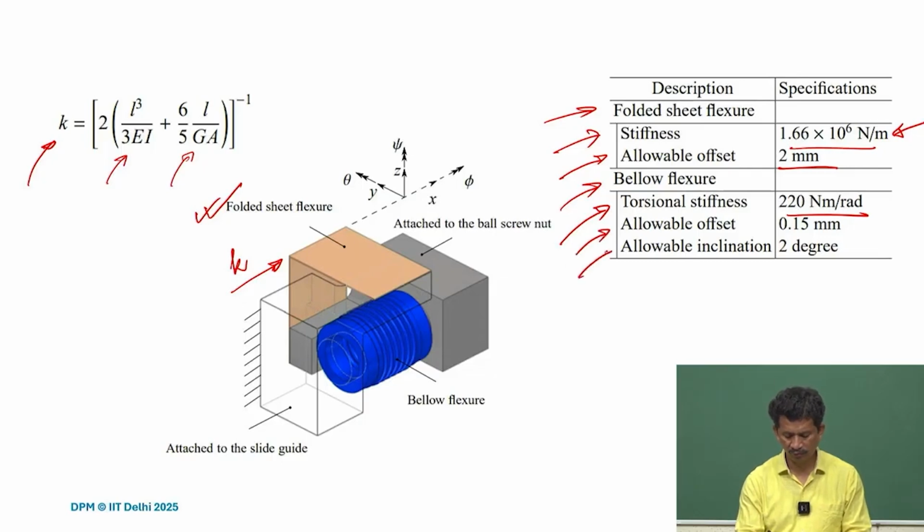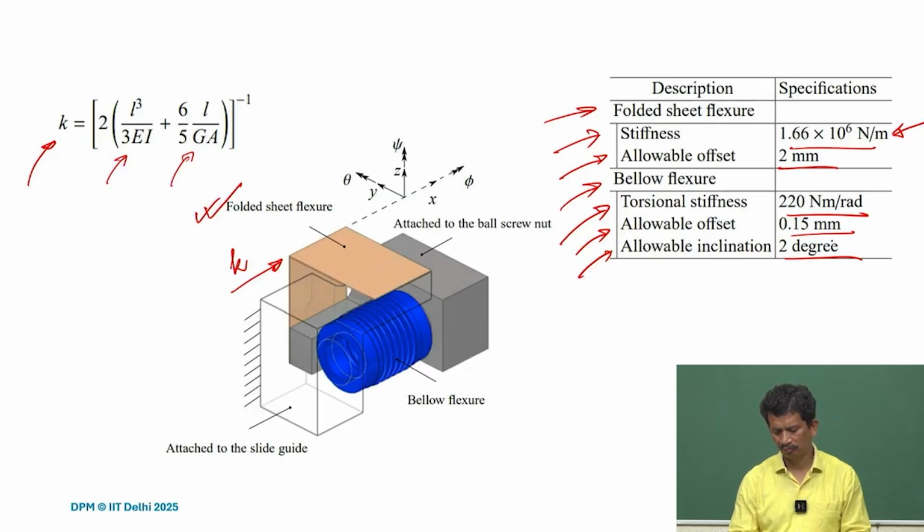Of course, we also wanted to know what is the offset. So allowable offset and inclination. So this is for some life, and some conservative number we have taken. Of course, in this case, these numbers will not be that big. So even if we are doing it manually, the offset may not be more than 0.1 millimeter, and even the inclination, these are precision linear guides.